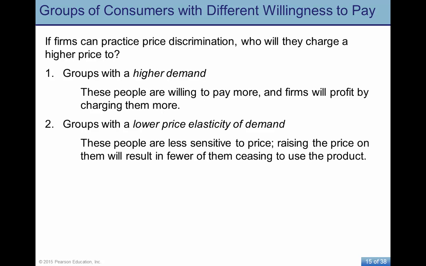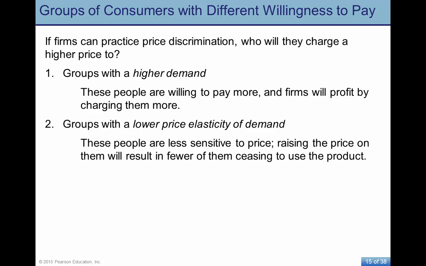Two, groups with a lower price elasticity of demand. These people are less sensitive to price. Raising the price on them will result in fewer of them ceasing to use the product.